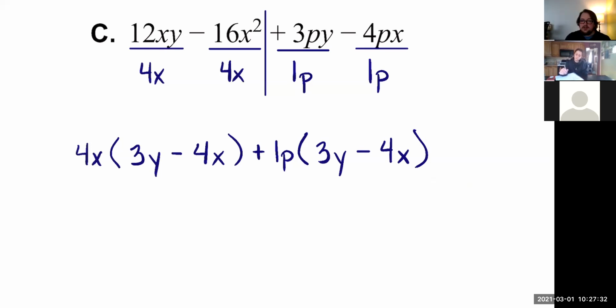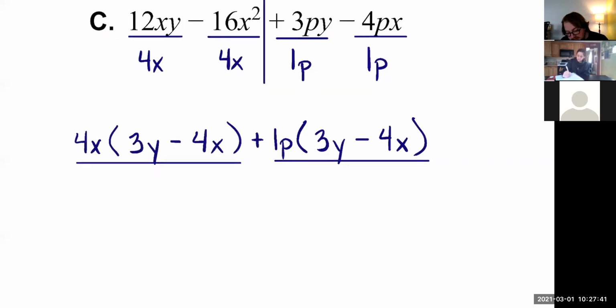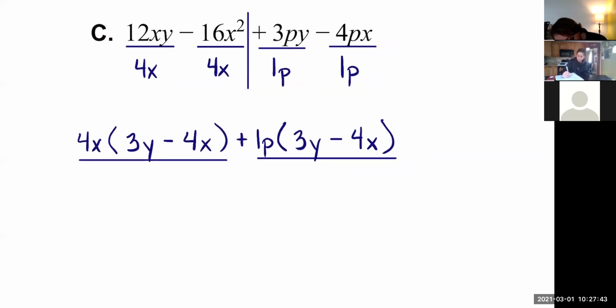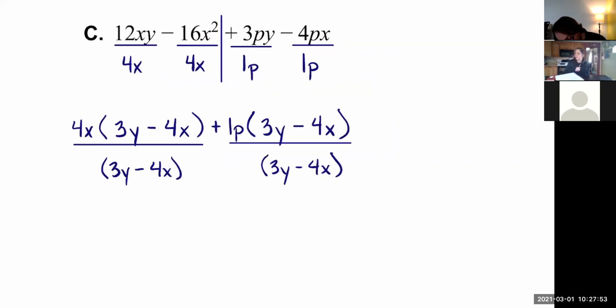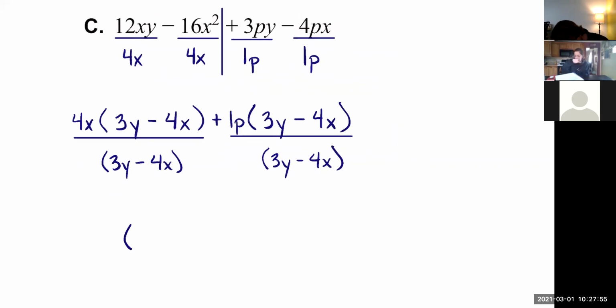And although it felt a little strange at first, I can have some comfort in the fact that when I look at these two halves now, I know I'm on the right track because even though they're a little bit unique, they both have the same binomial 3y minus 4x, which can then be treated as my big greatest common factor, which I set aside before I divide.